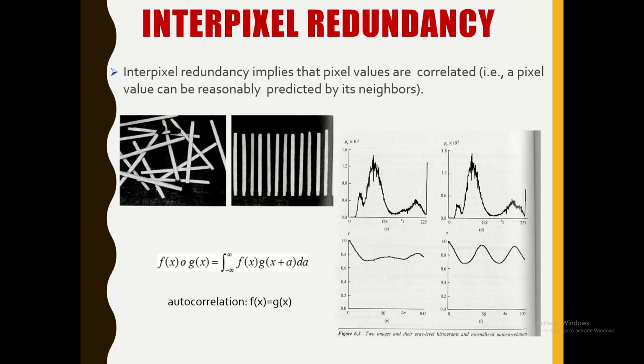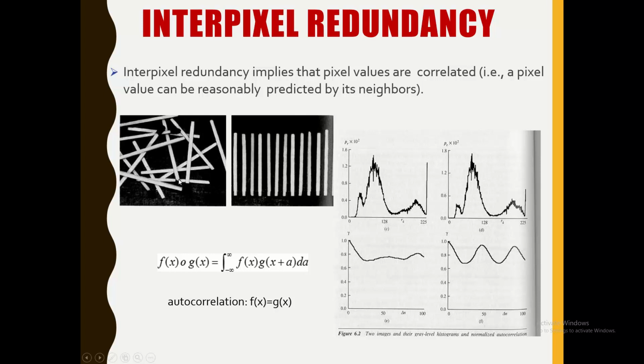They are called reversible mappings if the original image elements can be reconstructed from the transformed data set. So interpixel redundancy implies that the pixel values are correlated. That is, a pixel value can be reasonably predicted by its neighbors.